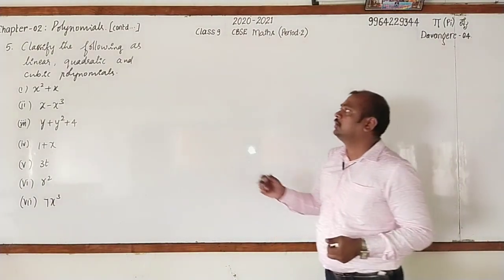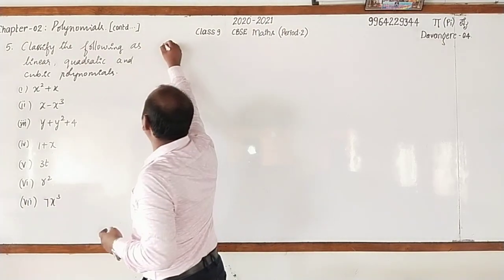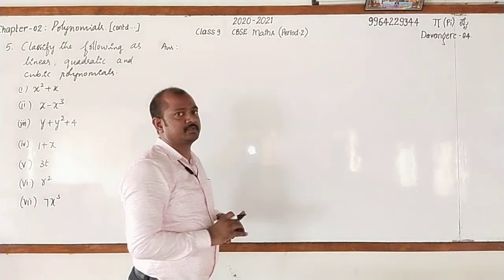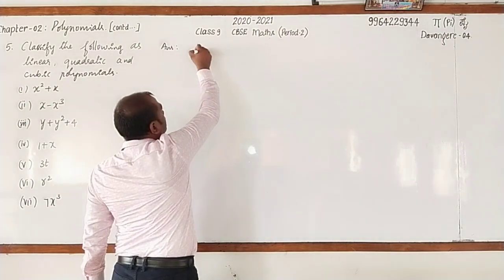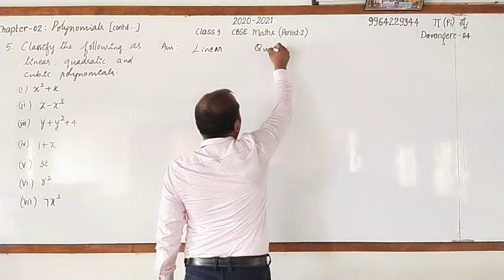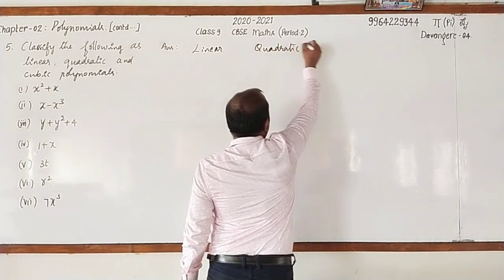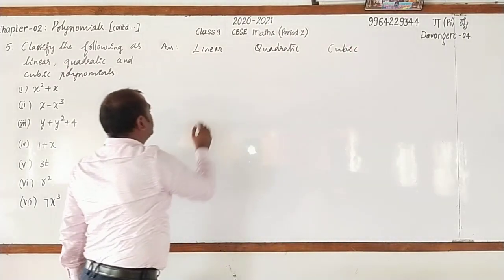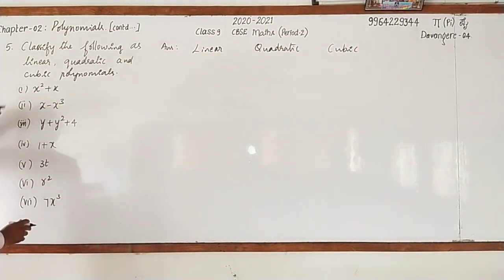Right? Now let's go for classifying. And for the sake of classification, I am going to make 3 columns. First column for linear polynomials, second one for quadratic polynomials and third one for cubic polynomials. Here, look at them.